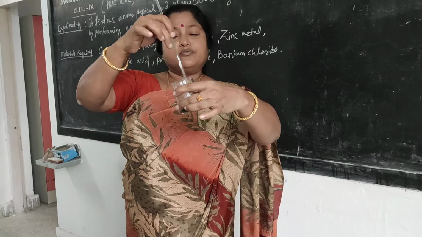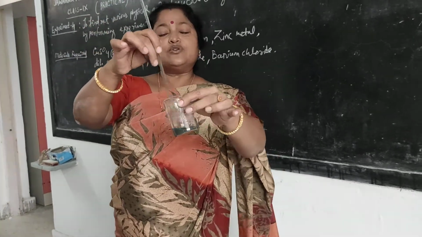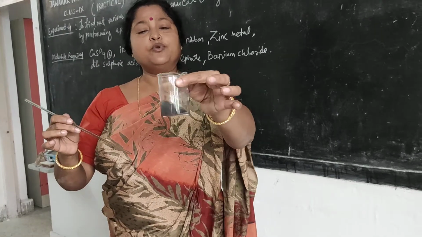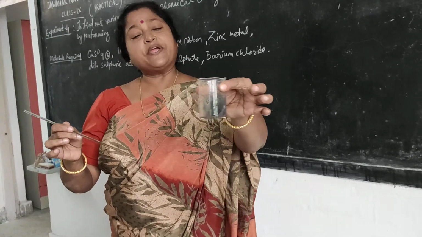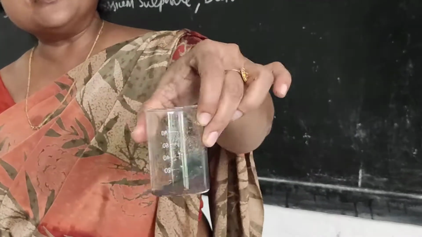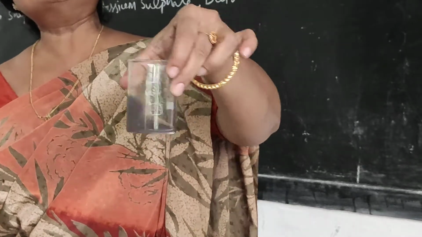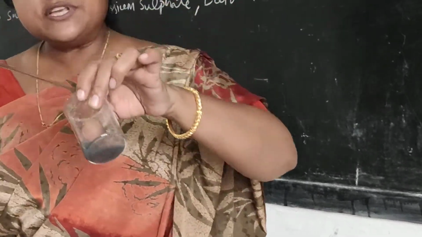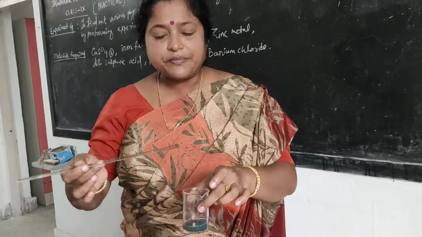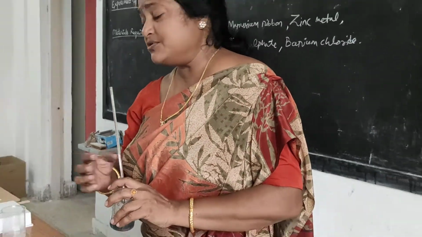Okay, you are seeing slowly the beautiful blue color of the copper sulfate is fading away. The solution becomes a faded blue color and a reddish color metal is getting separated. Students, I am teaching you the conclusion.